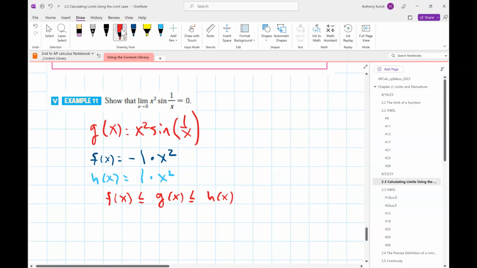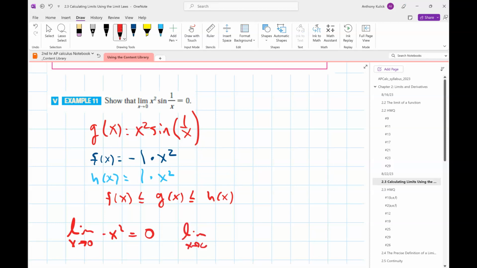So what does that allow me to do? The limit as x approaches 0 of -x squared is just 0, right? Because it's a polynomial, I can do direct substitution on that.